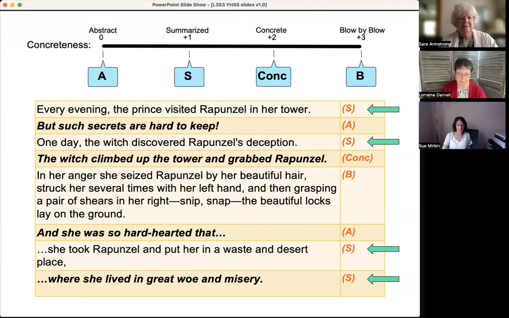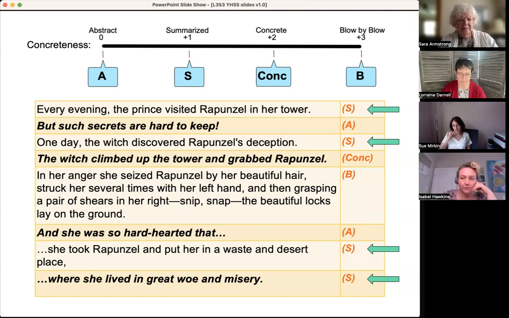I don't want you to think about it necessarily that way, but when you're moving action forward, you summarize unless you need to make it a blow by blow, or if you need to make a comment, in which case you move it back to abstract, or you want to give information about the action, and therefore you do abstract. It's all starting to feel like, oh yeah, I get it, I get it, I get it.